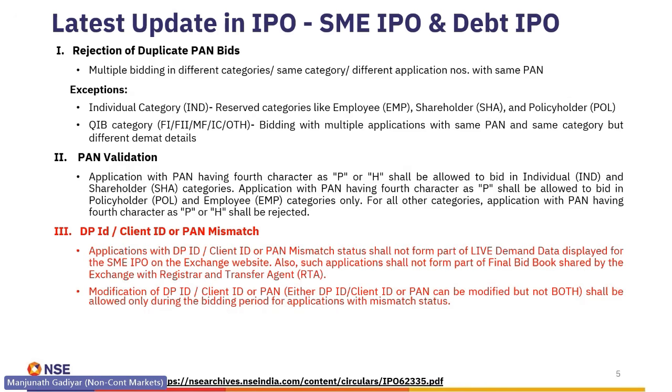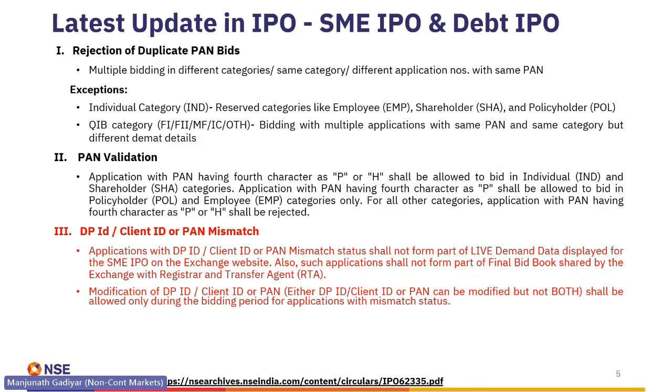Only once the mismatch details are updated will they be shown on the website of the exchange. Similarly, it shall not be part of the final bid book. The exchange will only give those bids which are totally successful in the system.